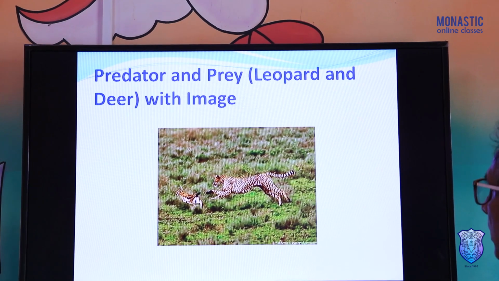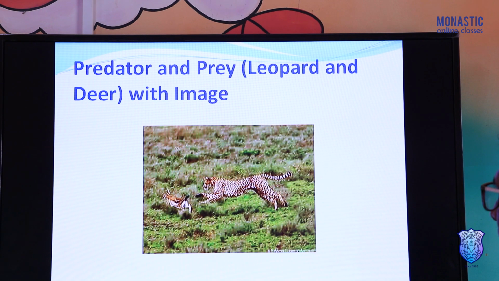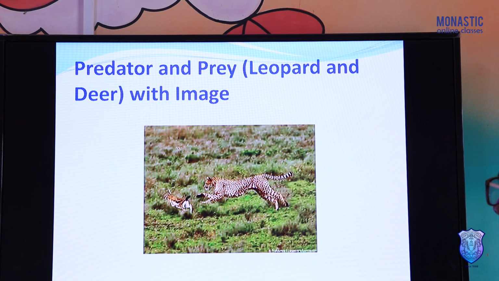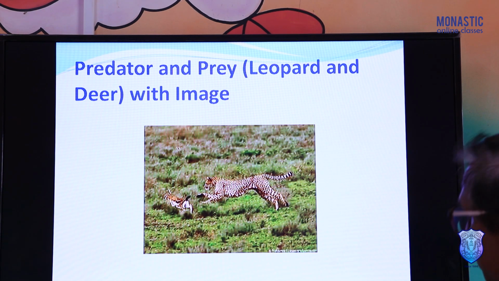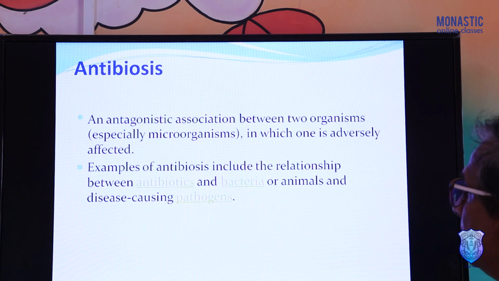A leopard is a large animal which can run very fast in the environment, and they capture, kill, and feed on the deer. So this is an image of predator and prey.